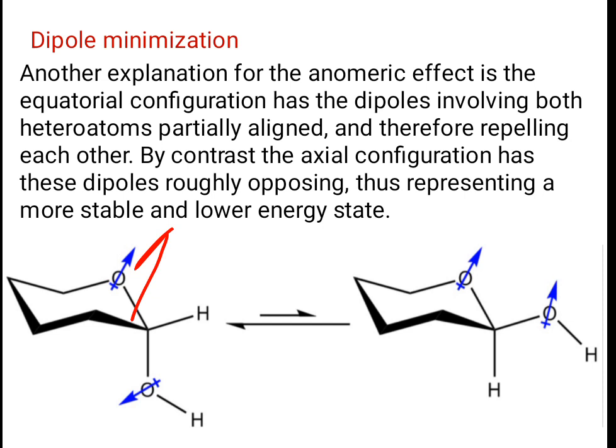This dipole and this one are almost opposing each other, that's why this structure is more stable. But this dipole has a direction like this. These dipole vectors are repelling each other. They can repel.